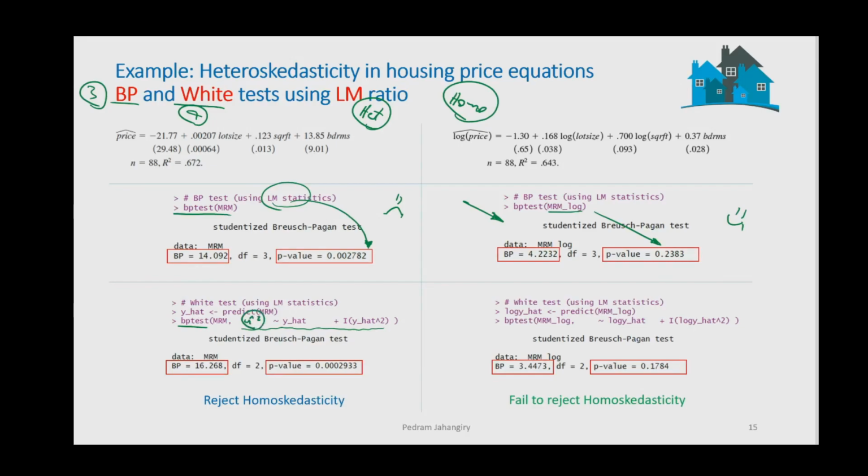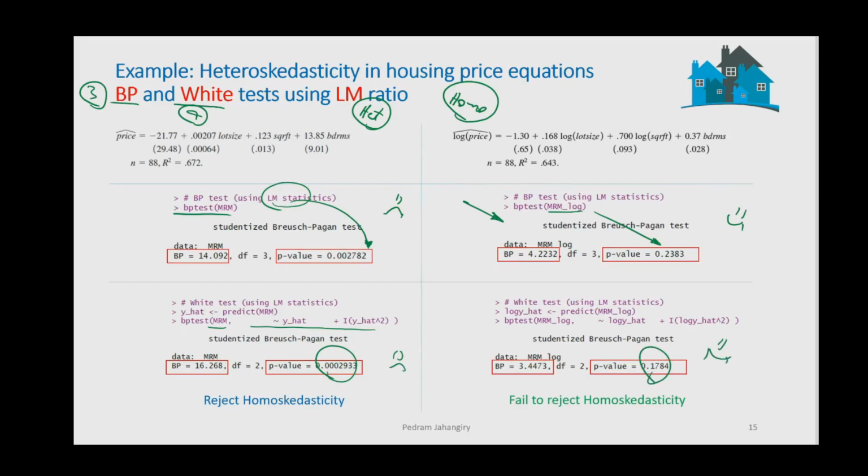By default, if you don't write this u hat squared, again, it's a little strange, but the author of the package decided to do it that way. If you just leave it blank, automatically it realizes that you're using u hat squared, and you're regressing it on y hat squared. This is what we have seen before. Again, nothing new. And then if you do bptest, MRM, pass the functional form that you want, it's going to be the White test. Look at the p-value, small, bad news. Look at the p-value, large, good news.